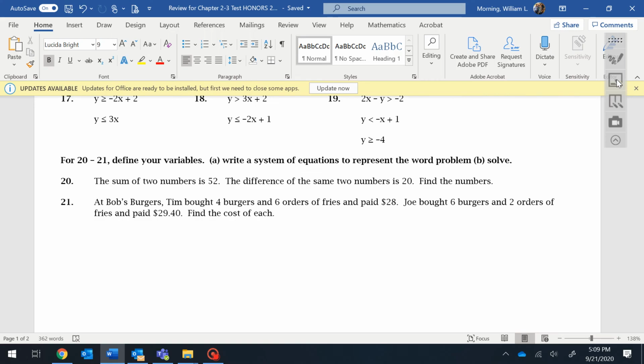All right, number 21. At Bob's Burgers, Tim bought 4 burgers and 6 orders of fries and paid $28. Okay, so 4 burgers and 6 fries, $28. So 4b plus 6f equals $28.